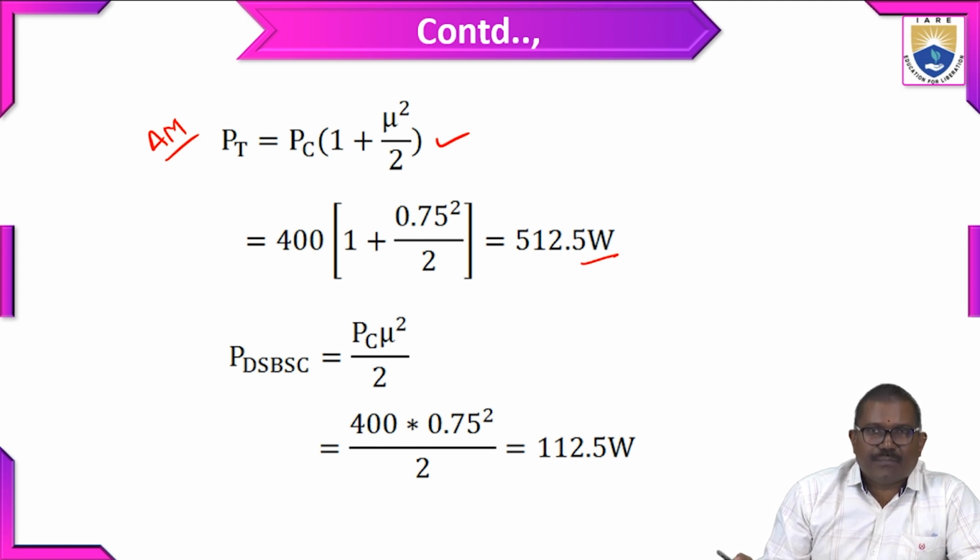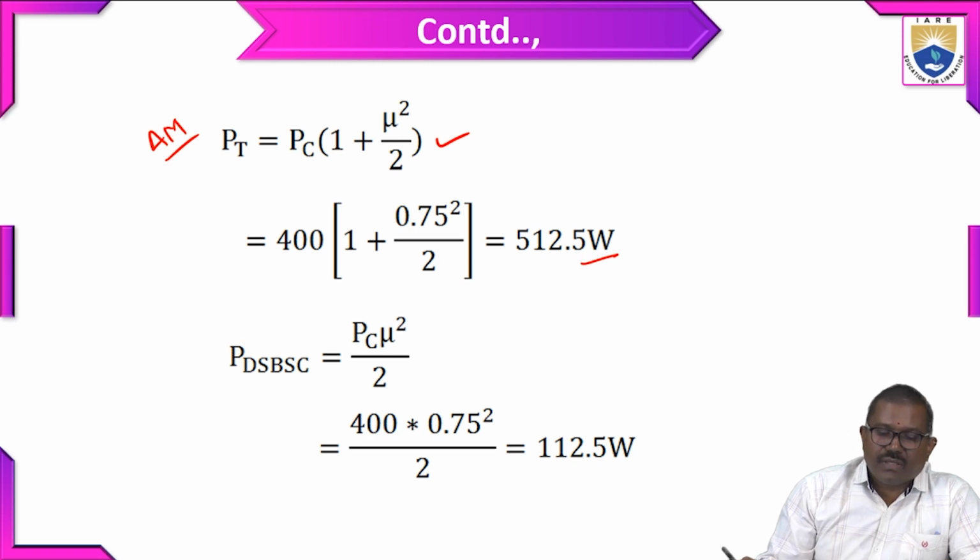This is the power for AM. The second part is DSB-SC, the suppressed carrier, for which the power is Pc into mu square by 2. You know the Pc value, that is 400 watts, into mu value 0.75 whole square divided by 2.